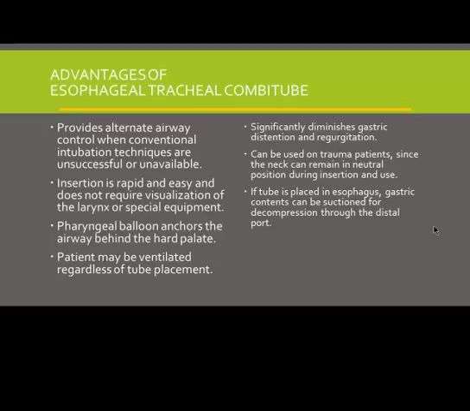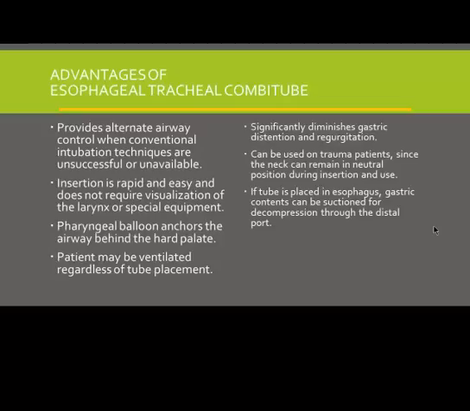All right. The advantages of the combi tube, and really of most of the other blind insertion airway devices, are that they give you a more definitive airway than just bagging alone. Insertion is rapid and easy, and does not require visualization of the larynx or any other special equipment.